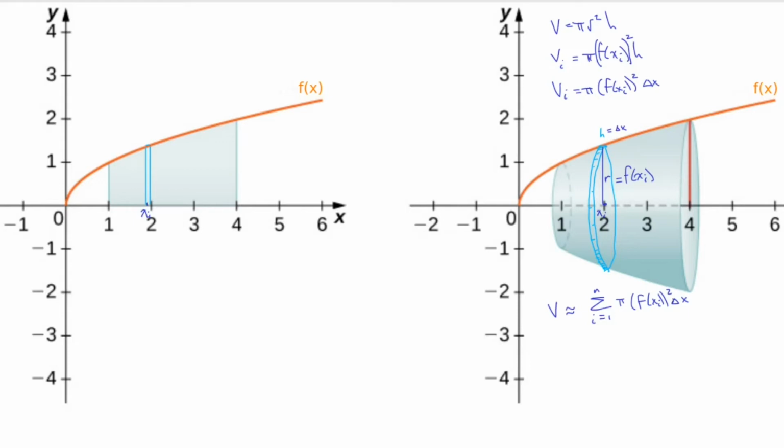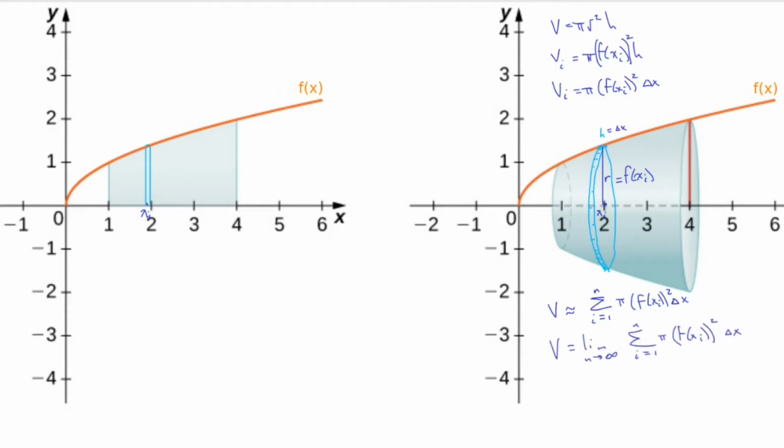It means start with i equals 1, go to i equals n, and add up all the terms. So this is pi times f of x1 squared times delta x plus pi times f of x2 squared times delta x, all the way up to pi times f of x sub n squared times delta x. And that gives us an approximation of the volume of this region.